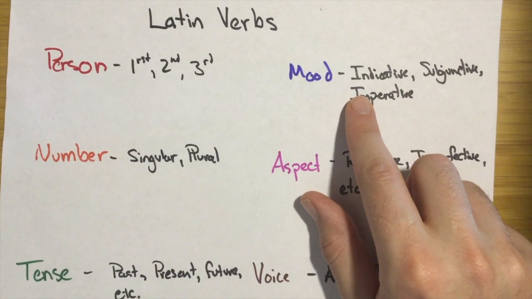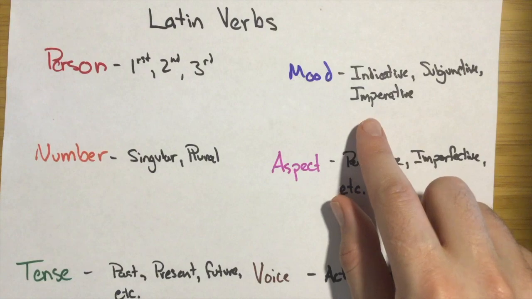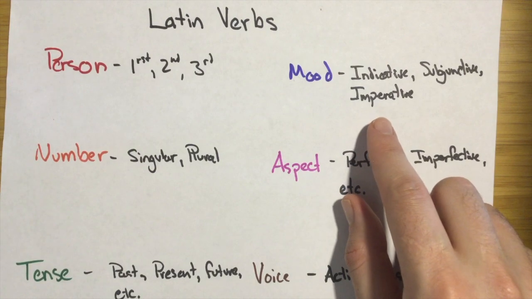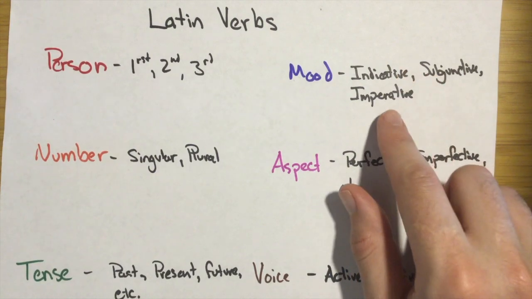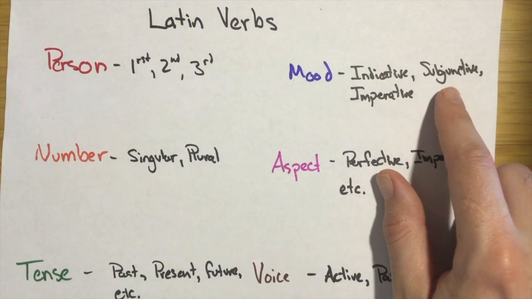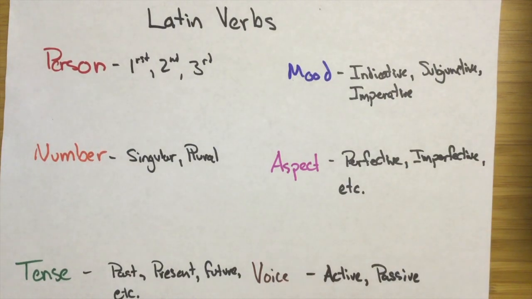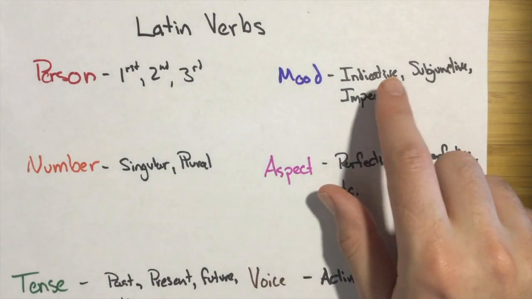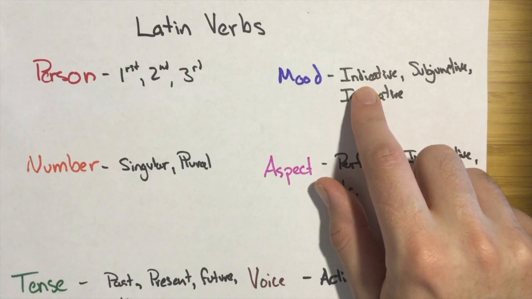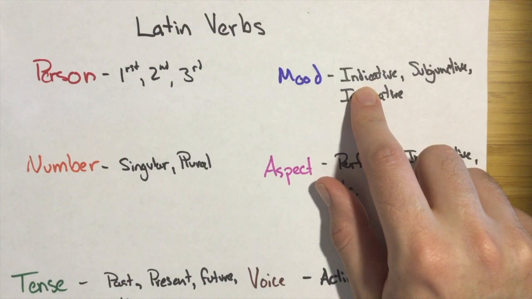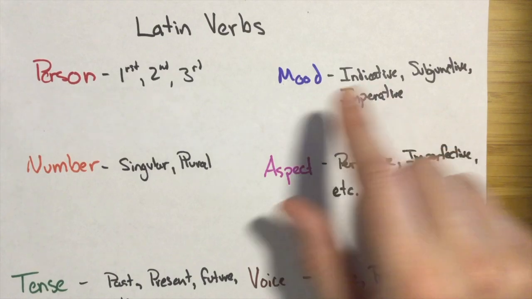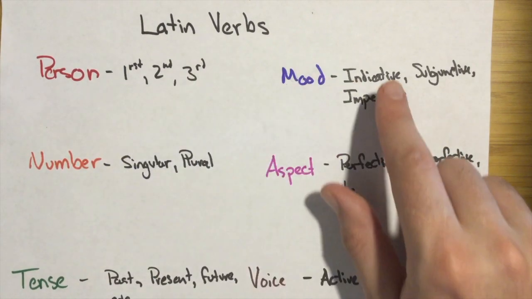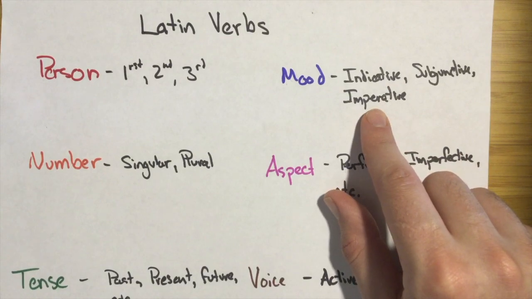Mood, there's several moods in Latin verbs. Just to illustrate what a mood is, we're going to talk about indicative and imperative. There's also subjunctive, for example. Mood just means essentially the intended understanding of the utterance or of the verb. So if I were to say, you run, I'm just sort of stating a fact so that everybody knows. If I were to say run, the subject of that is still you, but I'm telling you to do that, which means it's an imperative.